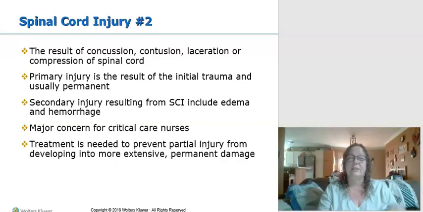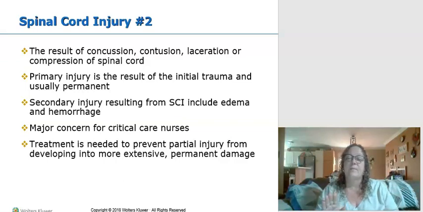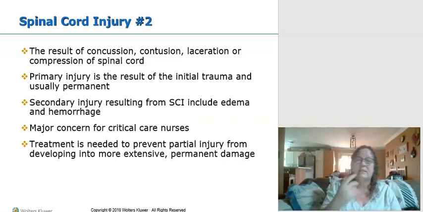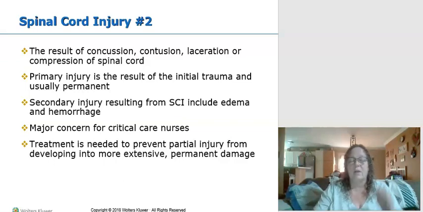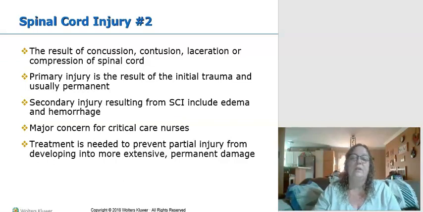And secondary injury in spinal injury, much like secondary brain injury, is the result from edema or hemorrhage at the site. So it's not the damage of the cause of the initial injury. That may potentially be reversible, and we want to try and avoid that if at all possible, right?